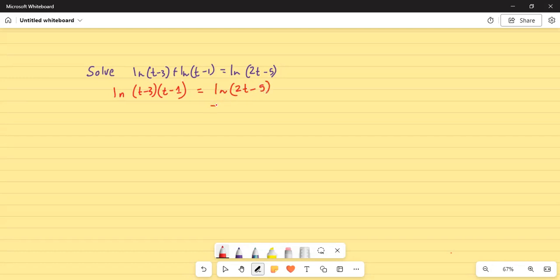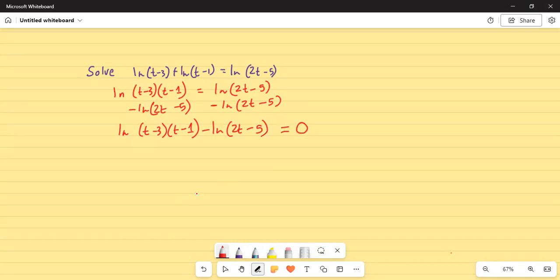Now I will subtract logarithm 2t minus 5 on both sides. So my left-hand side becomes natural logarithm of t minus 3 times t minus 1 minus natural logarithm of 2t minus 5 is equal to 0.